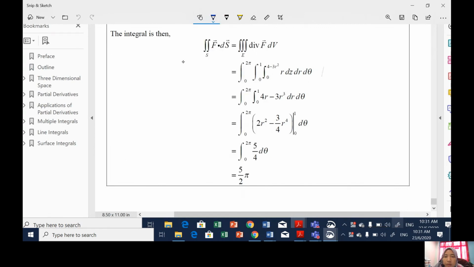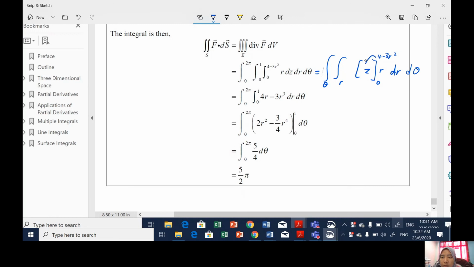Integrating here, we have zr. R is outside, so we substitute when z is 0 and 4 minus 3r squared. This will be the limit for r, and this the limit for theta, so here we have r d theta.